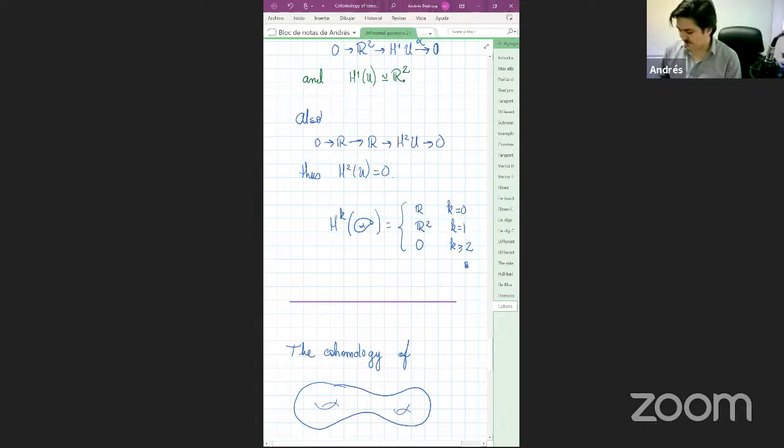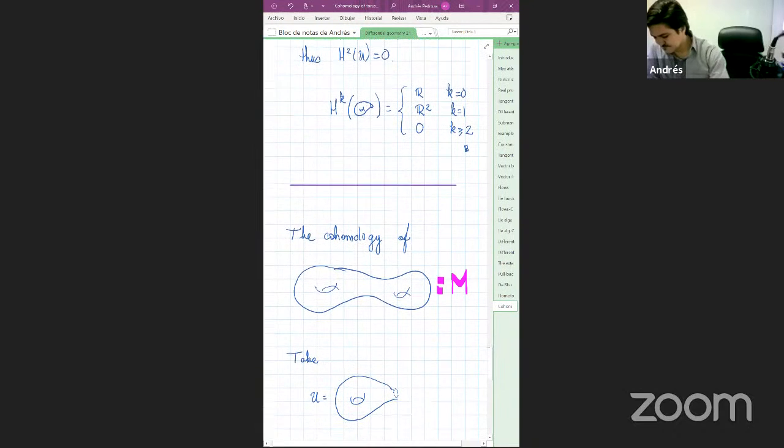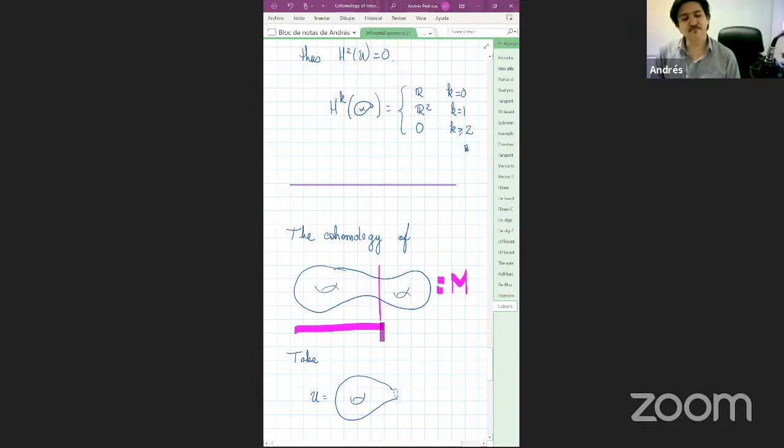So now that's my manifold. This is my manifold M, and I would like to compute the cohomology of that manifold, the surface of genus 2. And that's why we need the previous example, because we need to know the cohomology of U. So I got it like this, and that basically has the same homotopy type as a torus minus a point.